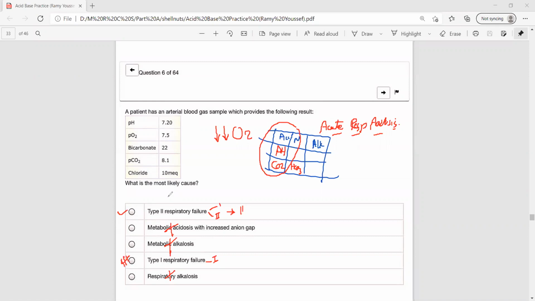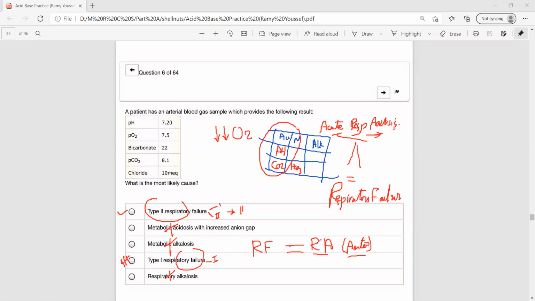I just want to tell you a surprise: acute respiratory acidosis equals respiratory failure. If you didn't find acute respiratory acidosis in the answers, you'll find respiratory failure, and both are the same. Respiratory failure equals respiratory acidosis, or to be more accurate, acute respiratory acidosis.